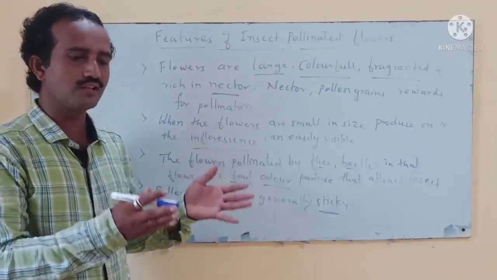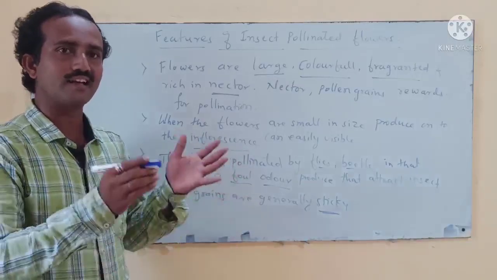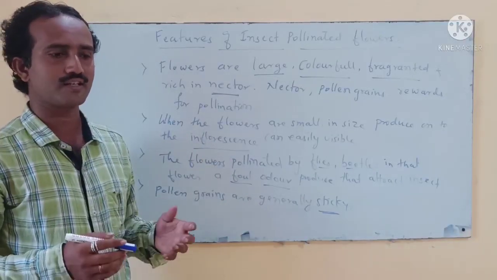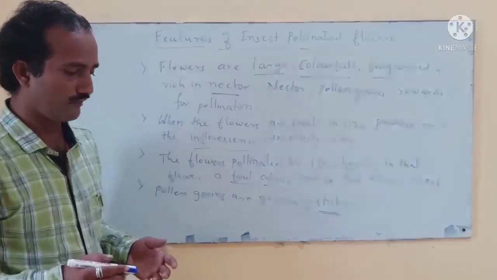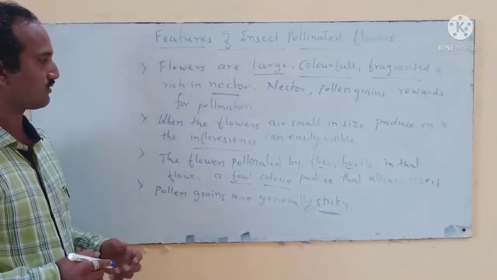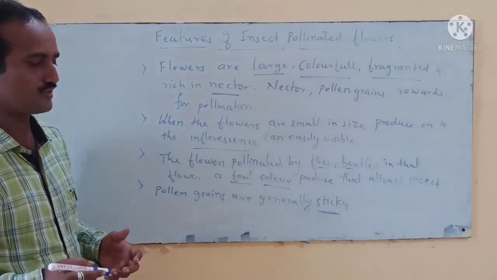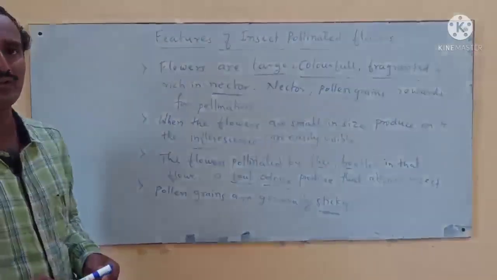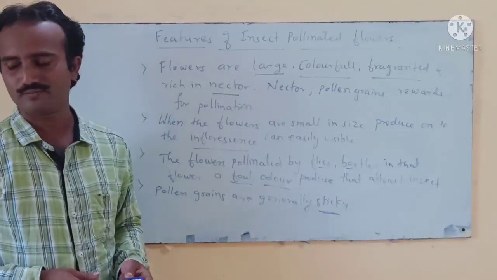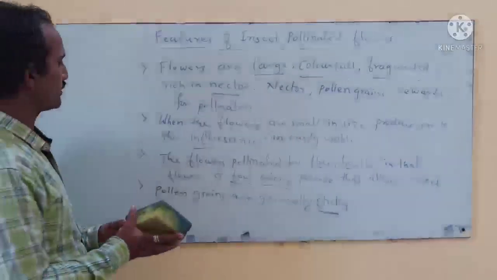They give safe places for laying the eggs. Say, for example, one of the best examples is Amorphophallus. You know that Amorphophallus is the type of flower which is the largest flower in the world. We will discuss that one.